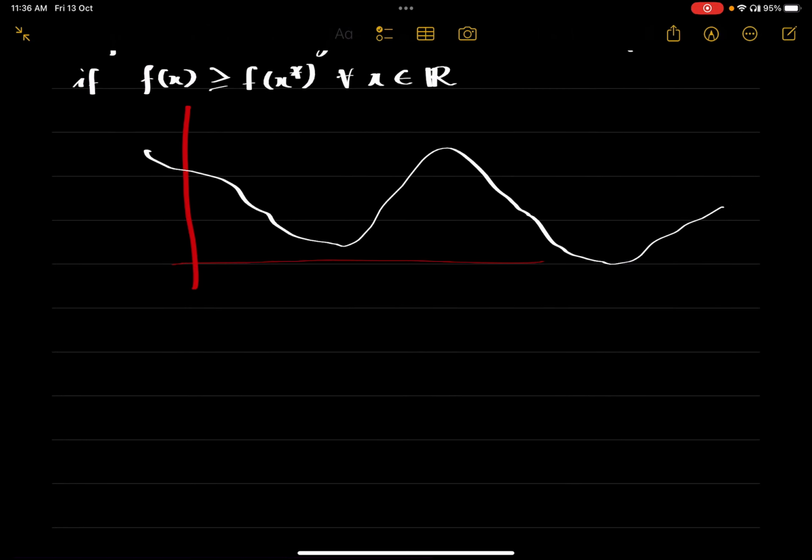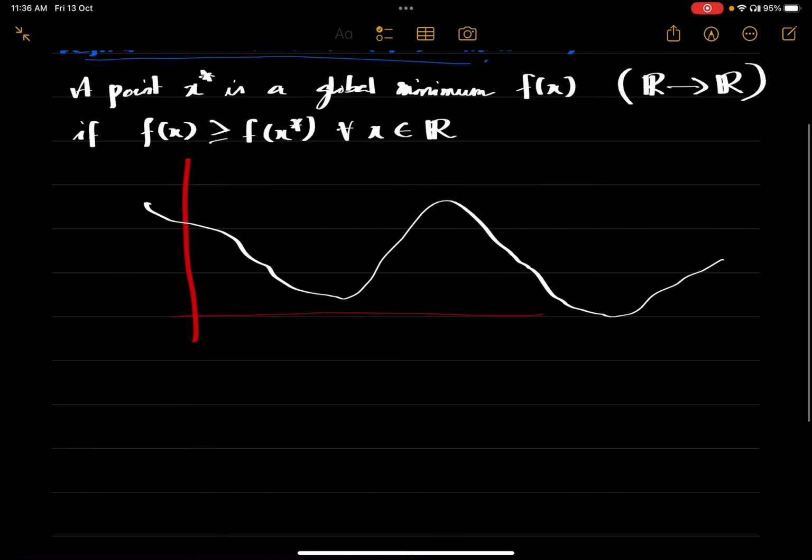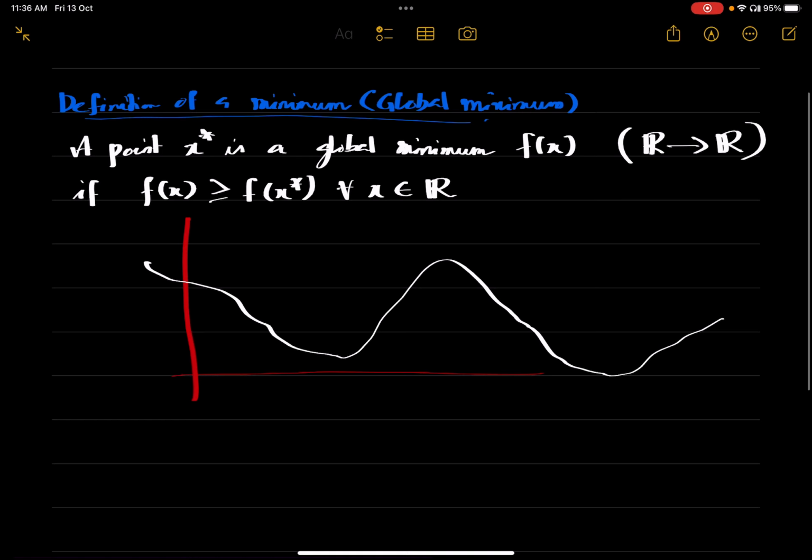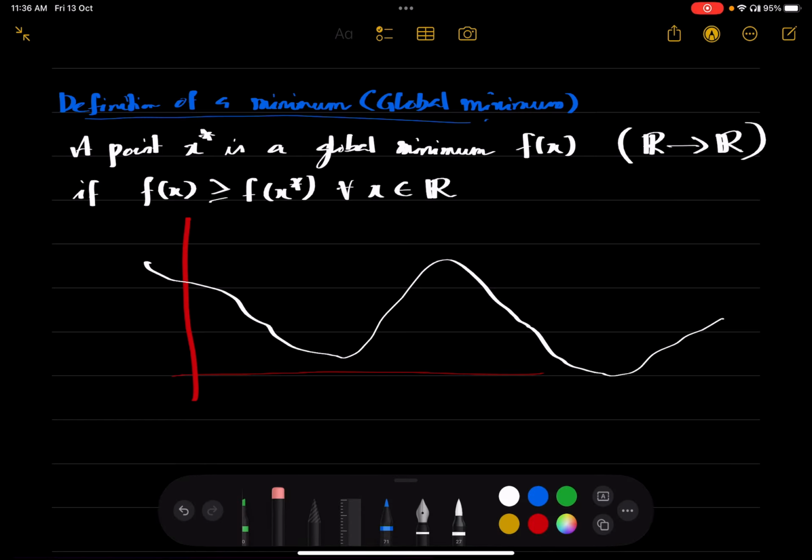Just by visually inspecting, we know that the value of the function is varying. It's not constant, or uniformly spread out through the entire domain of the function. But by visually inspecting, we can understand that this is the lowest point of the function. This also looks like a lower point, but this one is actually lower than this particular point. So this one we can call the x star.